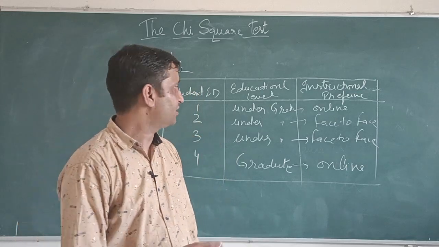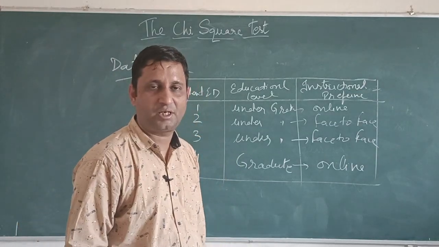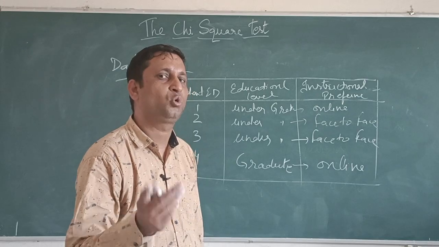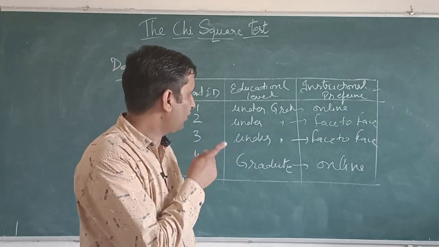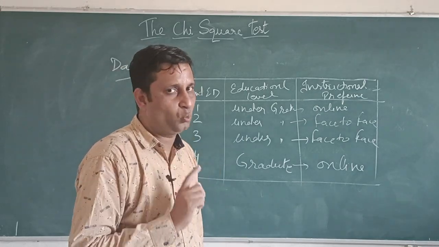Okay. This is the simplest way to make a table for chi-square data in a two-way format. In it, all our requirements will be filled up in one table.